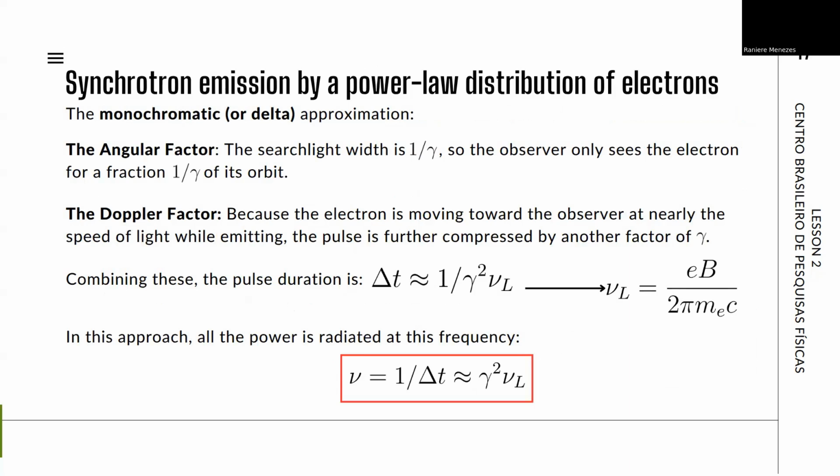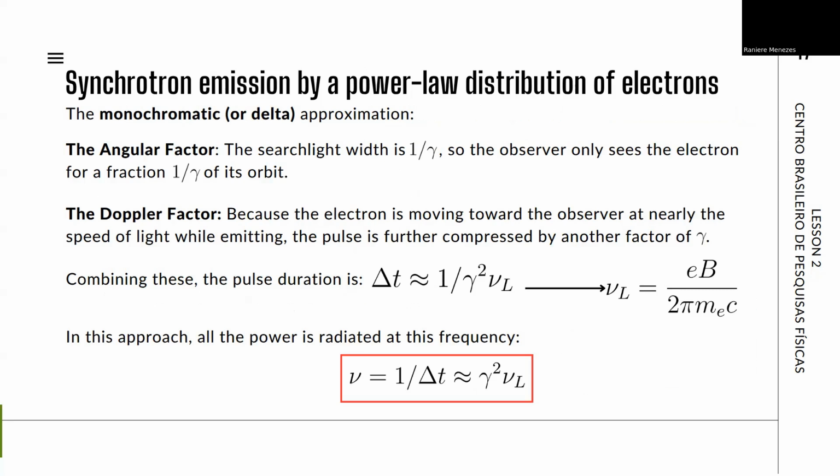So the observer will see the radiation from the electron for a fraction 1 over gamma of its orbit. And because the electron is moving towards the observer close to the speed of light, we see a further compression by another factor of gamma.